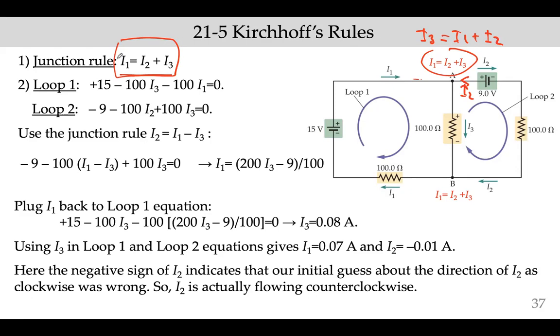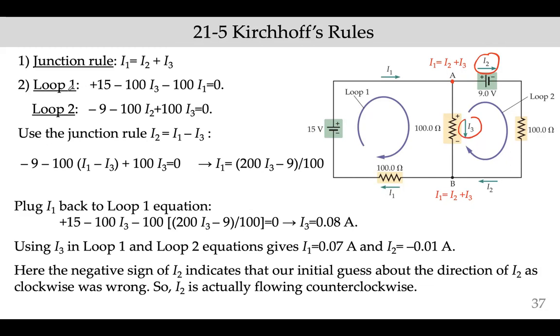So don't memorize this form. It can be different. But the idea is at the junction, the current that goes in, which in this case is just I1, is equal to the currents that go out from that junction. The currents that go out are I2 and I3, so I1 equals I2 plus I3.